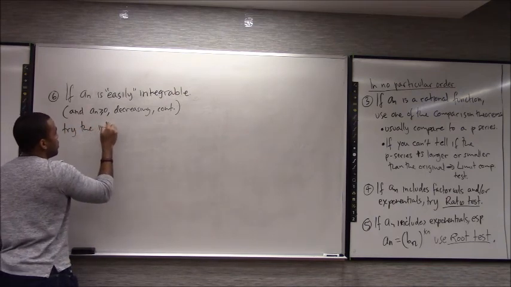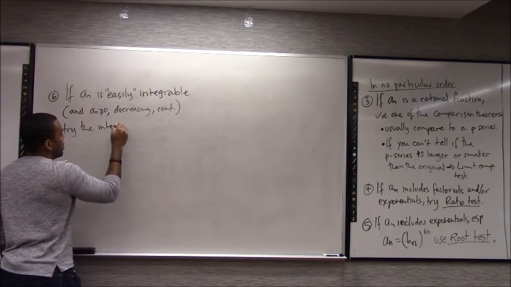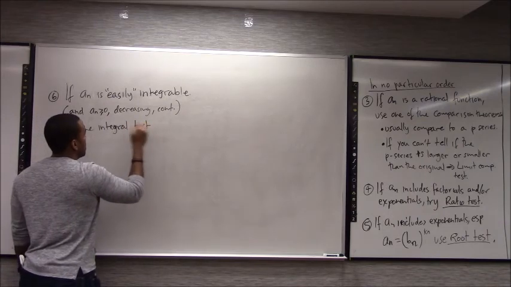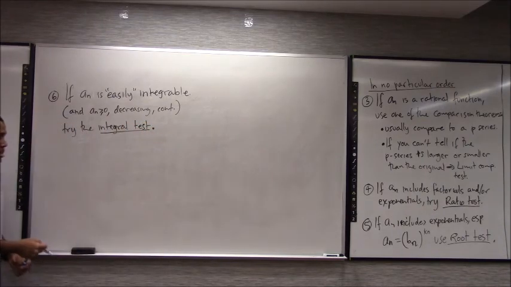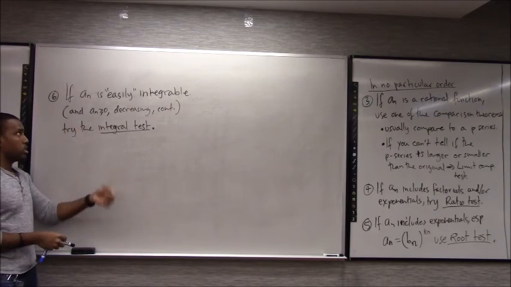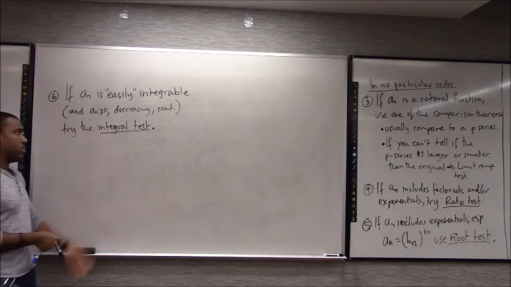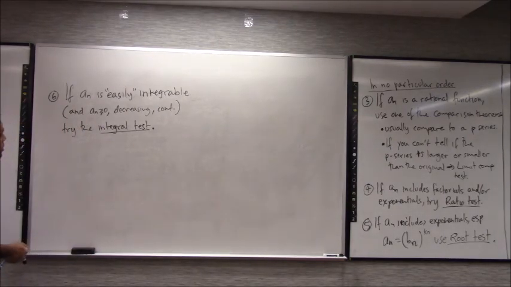So this allows you to do an improper integral to judge how your series behaves. If the improper integral converges, the series is going to converge. If the improper integral diverges, the series diverges.